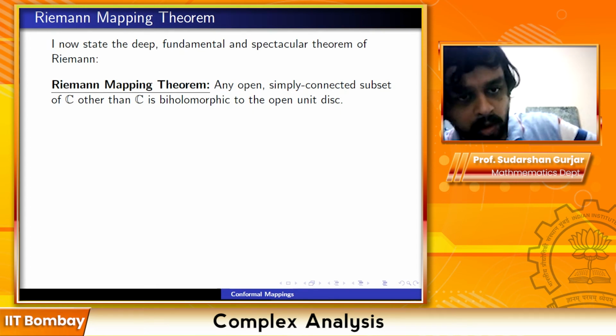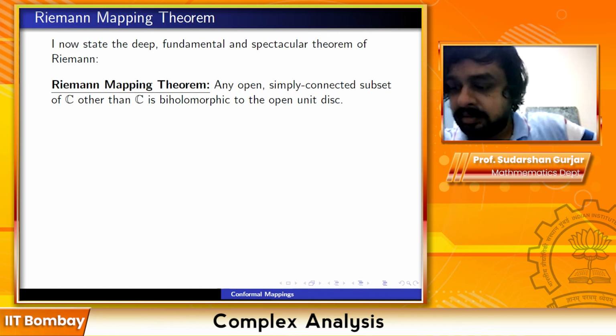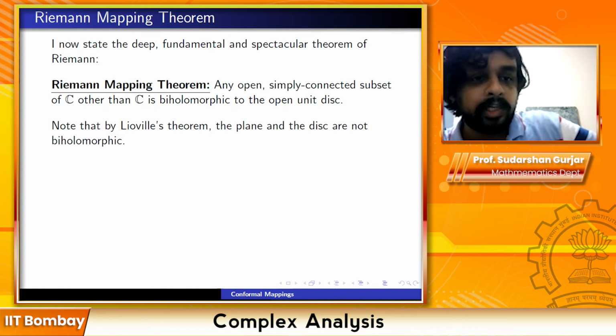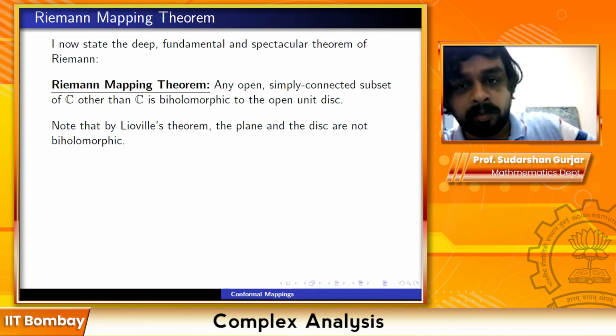Yeah, the whole complex plane is also open and simply connected, but that's an exception. Anything else which is open and simply connected is biholomorphic to the open unit disk. Note that by Liouville's theorem, the plane and the disk are not biholomorphic. This is an immediate consequence of Liouville's theorem, because from the plane to the disk, there is not even a non-constant function, let alone a biholomorphism.